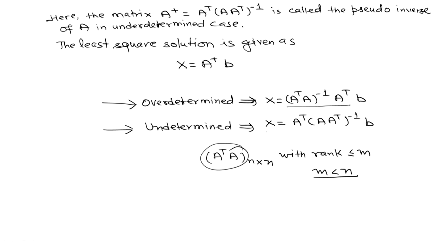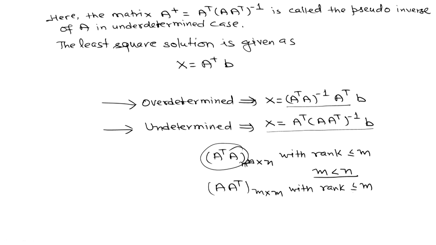That is why we have taken this form of the solution, because now we have taken A into A transpose, which will be a matrix of m by m with rank less than or equal to m.